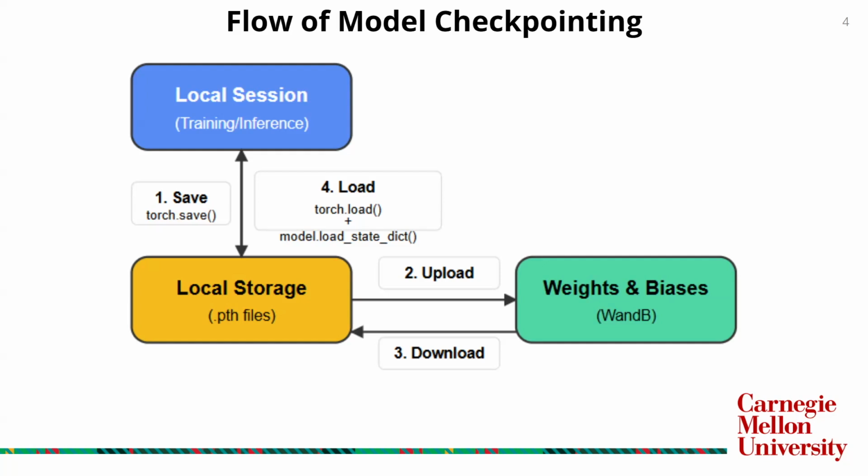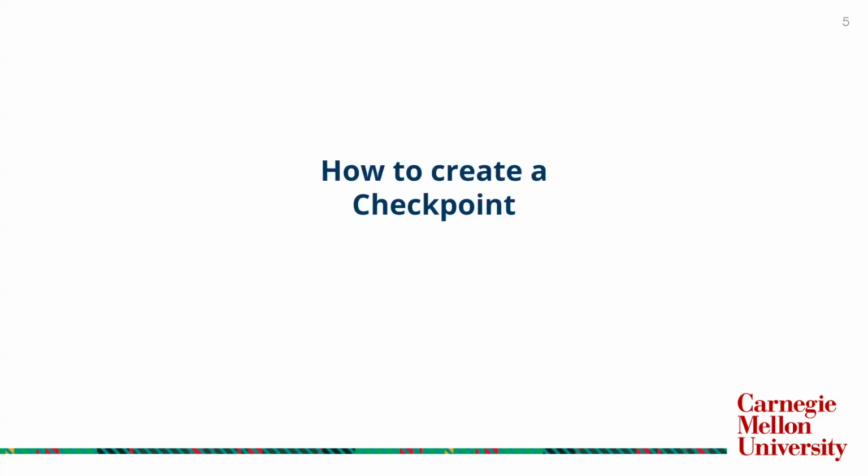Using torch.load and model.load_state_dict, this takes the serialized checkpoint file and reconstructs your model state in memory, bringing it back to exactly where it was when you saved it. You can notice one thing, this is a cycle. You can save, upload, download, and load as many times as needed throughout your project lifecycle. This flexibility is what makes checkpointing so powerful for iterative deep learning projects or your assignments in the coursework.